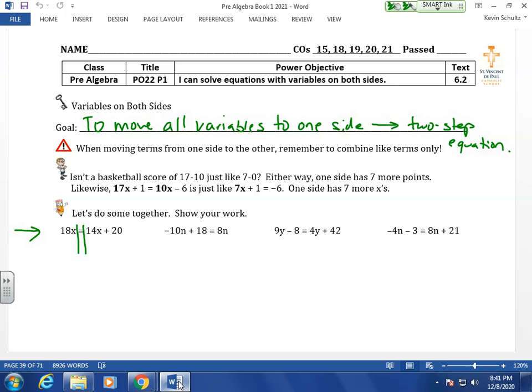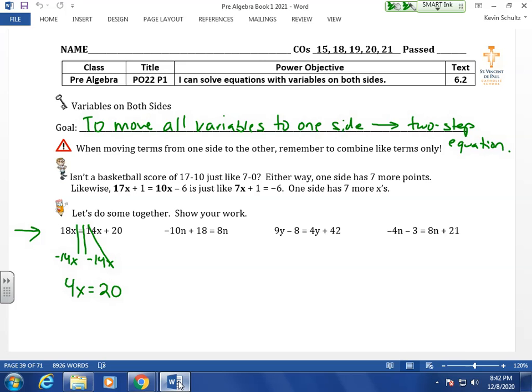And so by using opposite operations, by subtracting 14x's from both sides, that gives us 18x minus 14x is 4x on the left. All of our x's from the right have been canceled out because we moved them. We had positive 14. The opposite of that is subtracting 14. So we move them over to the left, and we're left with our constant of 20. Okay?